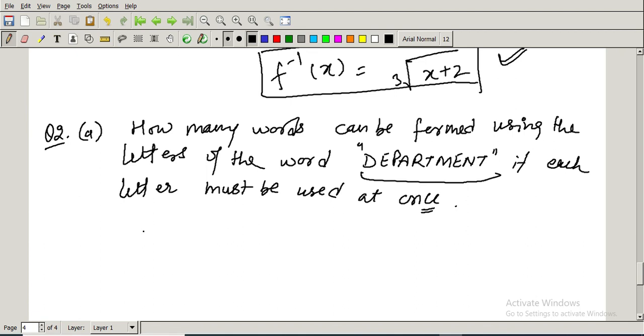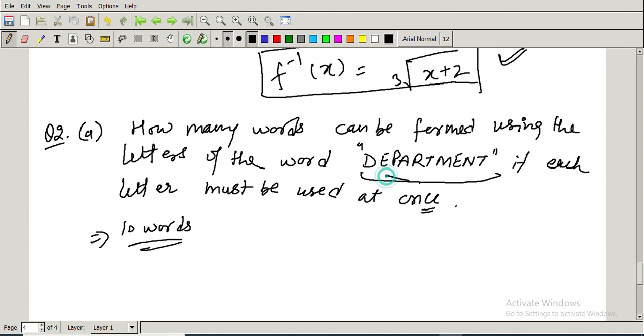So as you can see, in department we have 1 2 3 4 5 6 7 8 9 10. So in total there are 10 letters, right? And in the word department, we have to look for the repetition of letters.